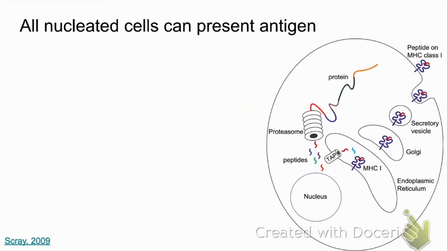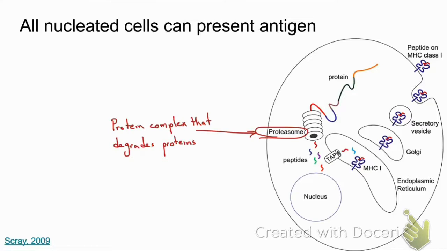Now let's talk about presentation on MHC1. All cells that contain a nucleus will present antigen on MHC1. And this even includes those professional antigen presenting cells that we just talked about. In all cells, we find a protein complex known as the proteasome. And this complex helps to degrade proteins once they've been denatured, or oftentimes we think of once those proteins have grown old.